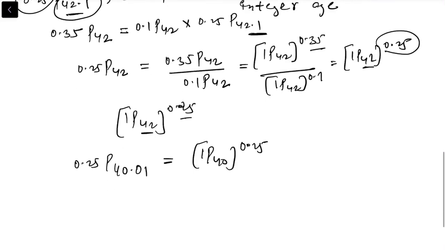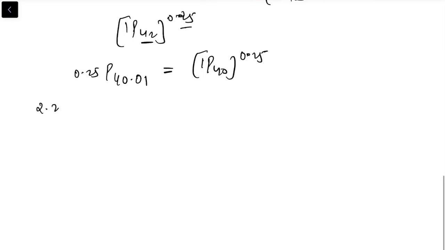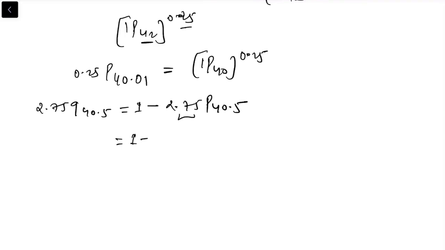Okay, now let's do one more example. Suppose you are given 2.75q40.5. To change this in terms of p, 1 minus 2.75p40.5, and then we can break this down using the principle of consistency, because t is not between 0 and 1.